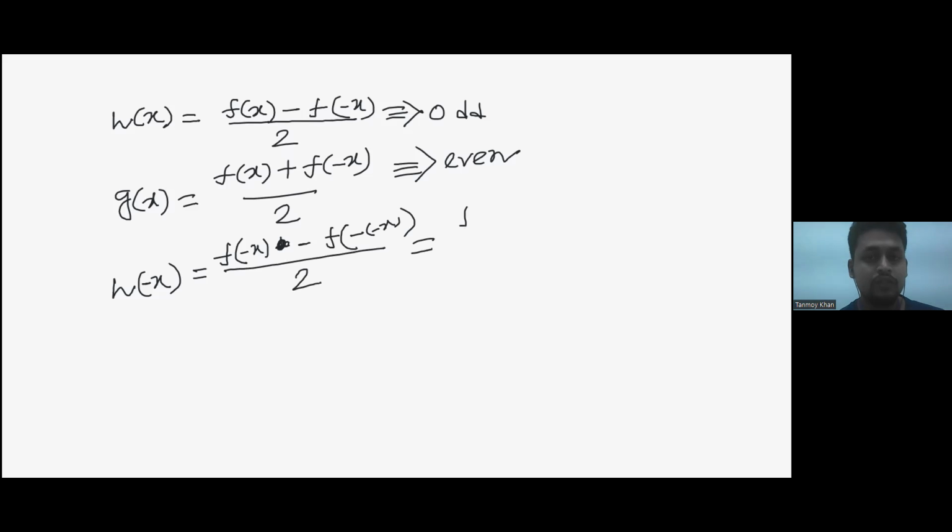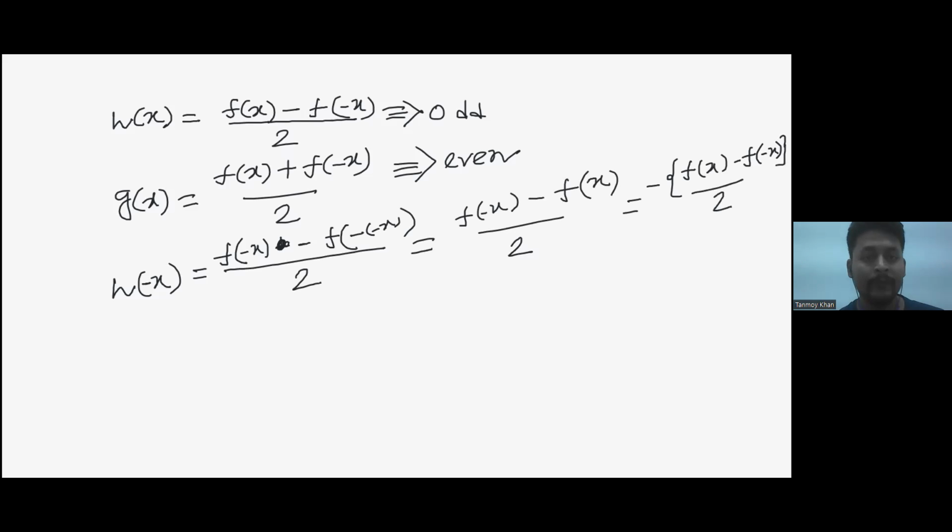That means f of minus x minus f of x will be... if you take a minus here, then it will be f(x) minus f(minus x) by 2. So this is nothing but minus of h(x), whatever we have started with.